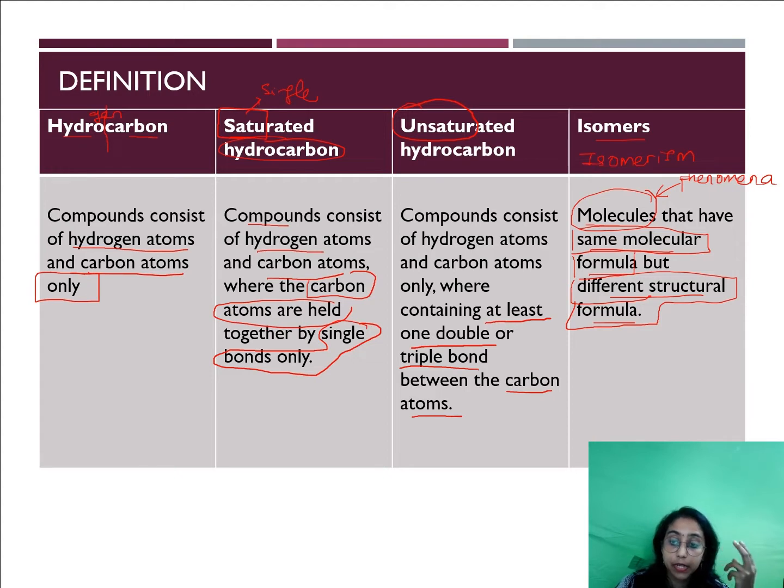Most of the time students get confused between these two terms, isomers and isomerism. Isomerism is the phenomena where molecules tend to have the same molecular formula but different structural formula. But when we are talking about isomers, we are pointing exactly to the molecules. So these are the four common definitions that will be asked for you to define in Paper 2.